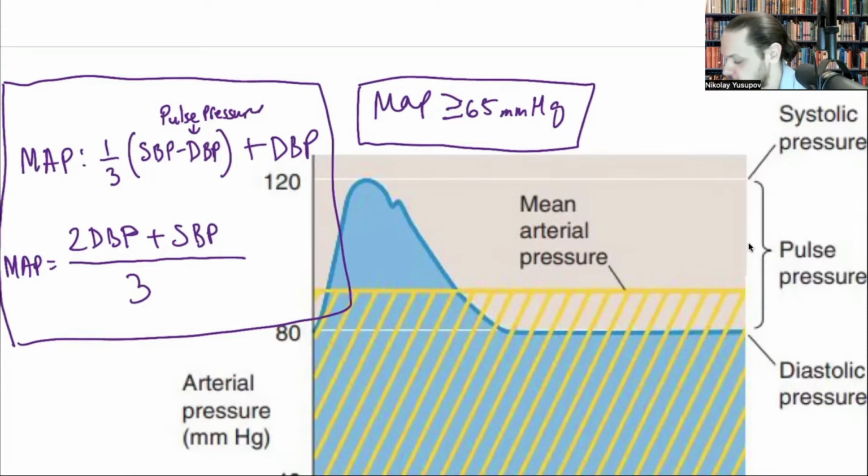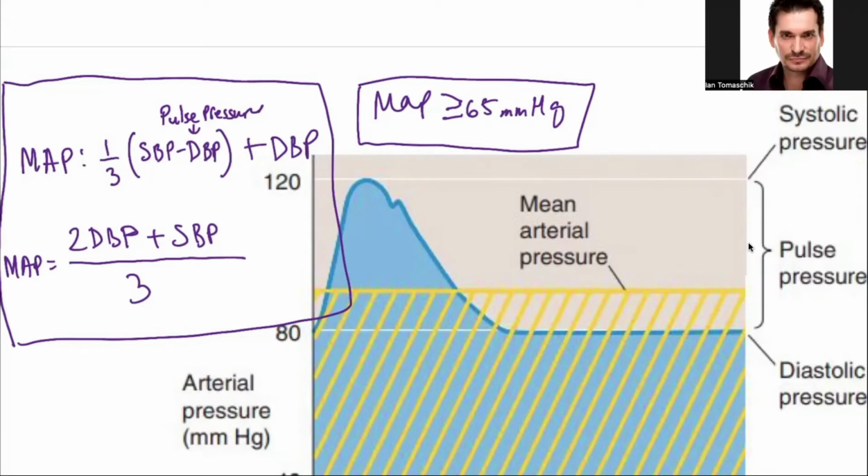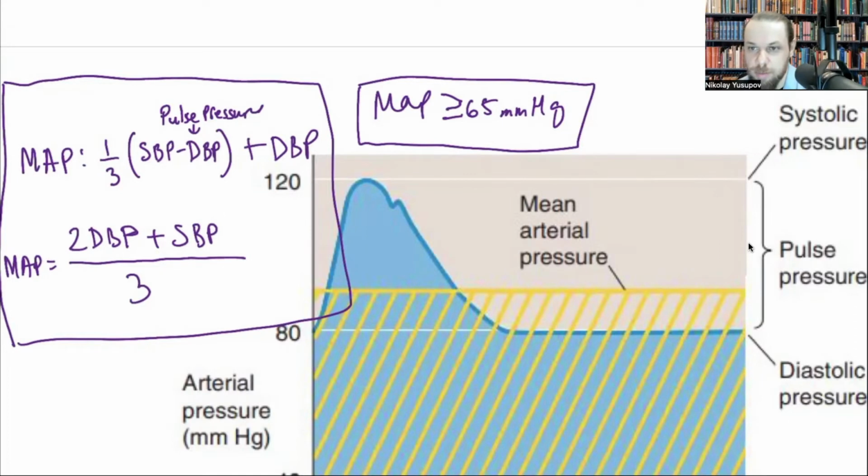What else is important here? Do you want me to actually do the calculations, or are you all right with the formula? Anyone who has no idea how to do MAP, you could speak up now.